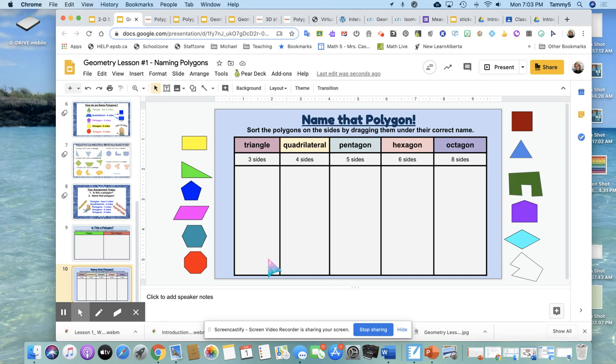Every 2D shape that has 4 sides, you're going to put under quadrilateral. All the 5-sided figures are going to go under pentagons. All the 6-sided figures you're going to drag and put under hexagons. And then lastly, the 8-sided figures, you're going to put under octagons.